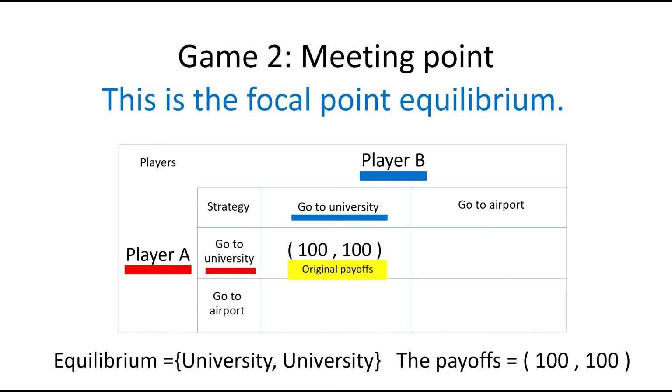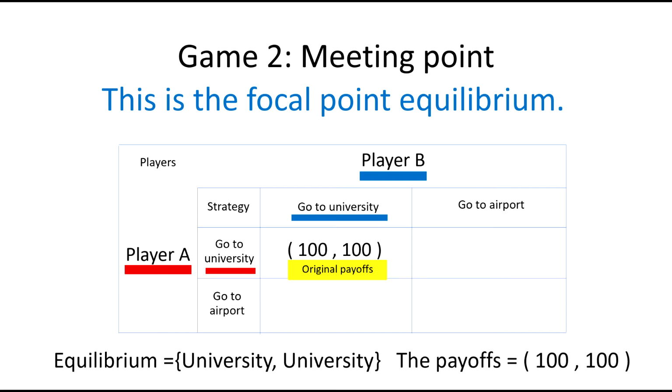You see university and university. It means that A will choose to go to university and B will choose to go to the university. They meet each other and the payoffs equal, in the bracket, 100 and 100. A will get 100 and B will get 100. This is the solution of the game.